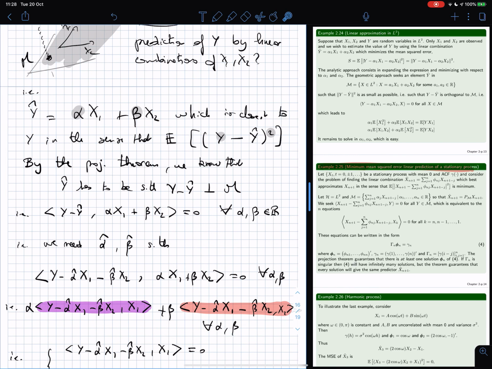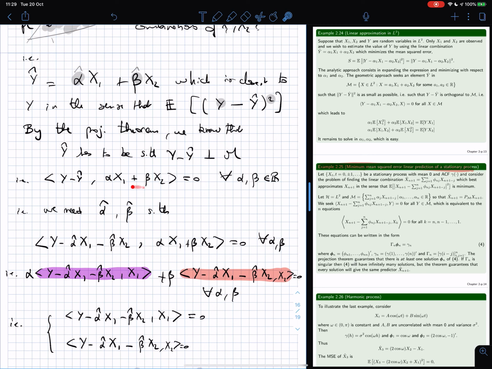So y minus y hat, and the scalar product between this guy and any alpha x1 plus beta x2 has to be 0. Oh, I should have put an alpha hat here and then beta hat here. I know I called it alpha hat, so I should have called it alpha hat and beta hat.